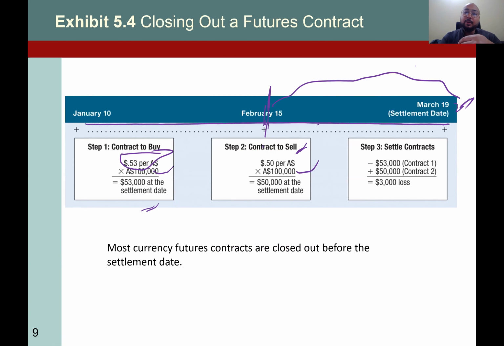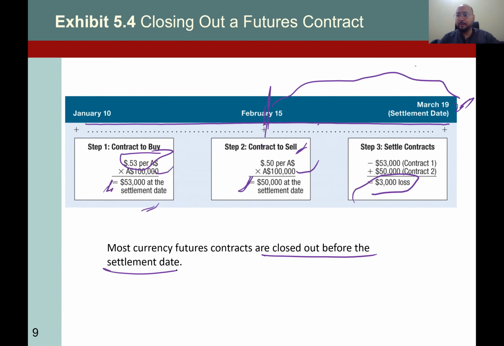They said, okay, I'm going to be selling at $0.50. So you see, they would be receiving 50,000 and they would be paying on the same date 53,000. So the loss would be $3,000, right?